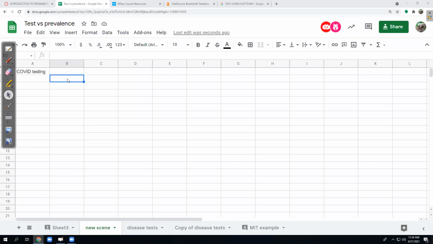And then over here, we'll have the truth of the situation. So either the truth is you got COVID or there's no COVID. And then either the test came back positive or the test came back negative. And we have totals.